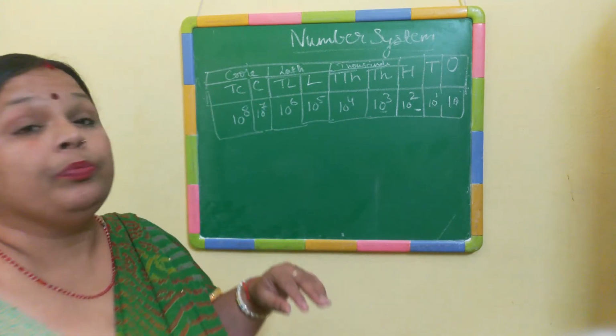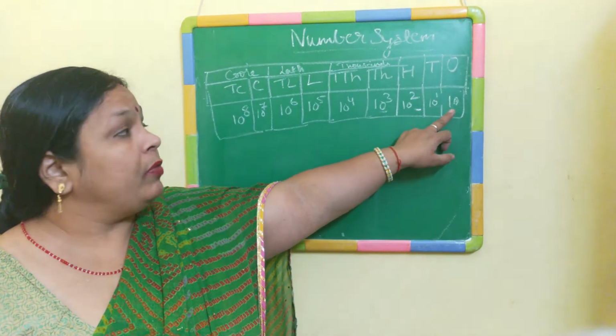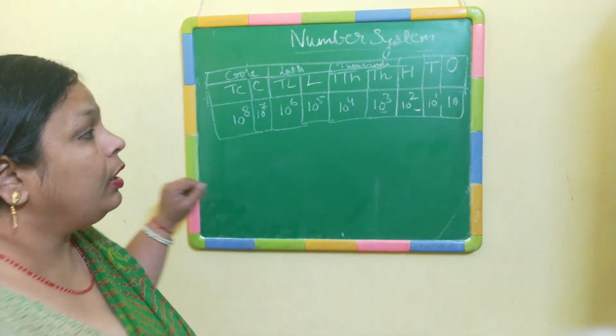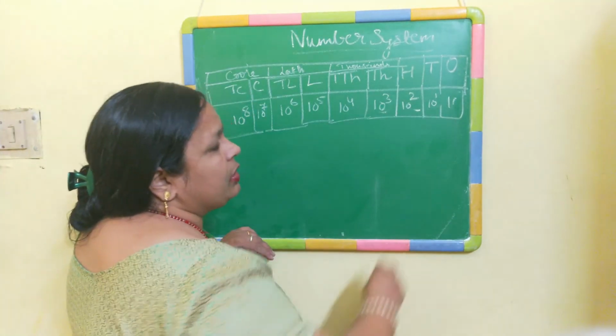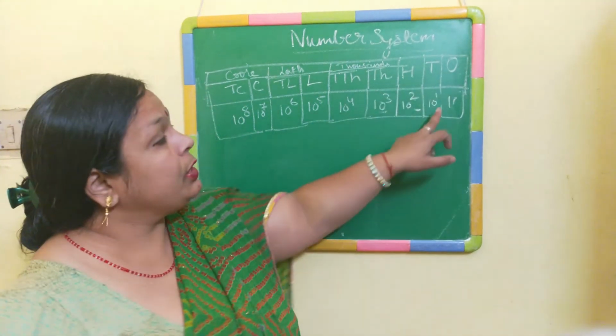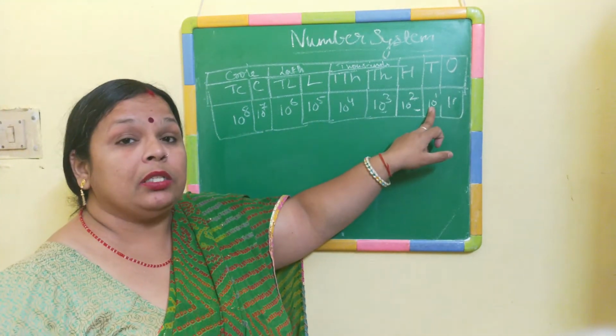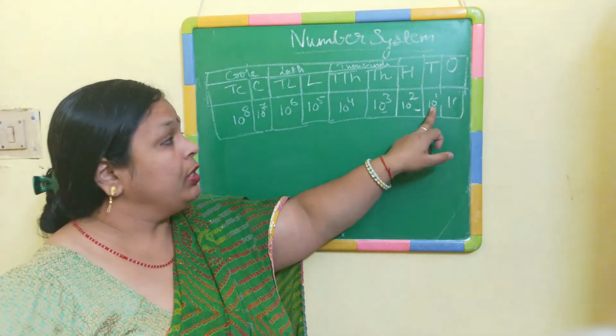Clear? This also tells us that 10 power 0 means 1. Here it is 10 power 0, this is 1, 2, 3. This also tells you that a number in the tens position has 1 zero.